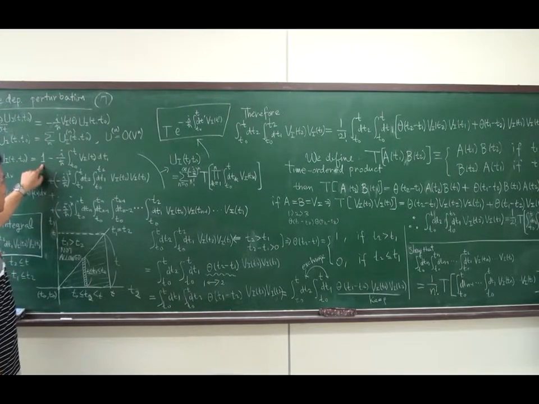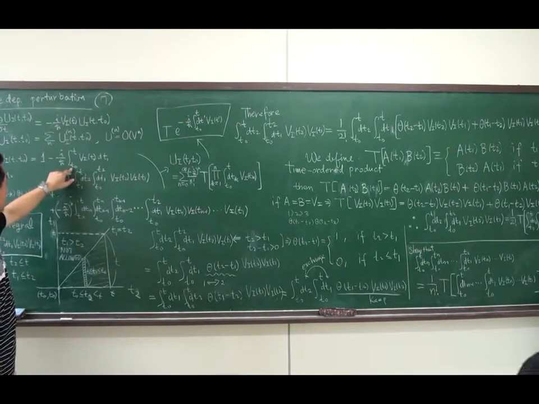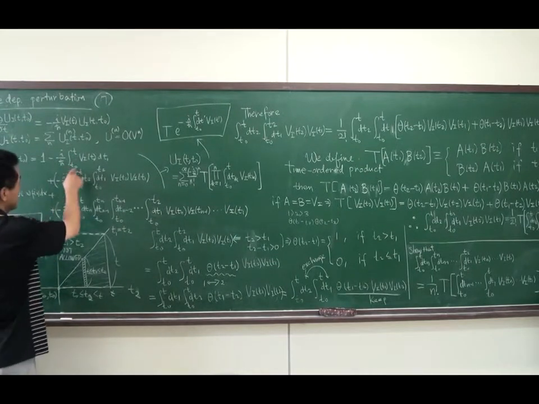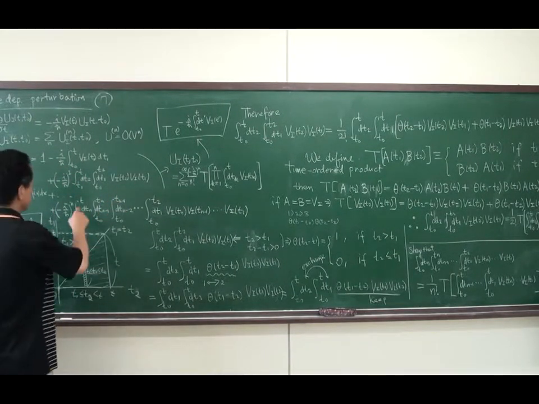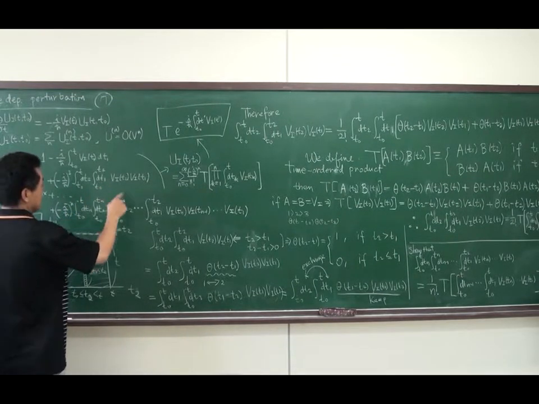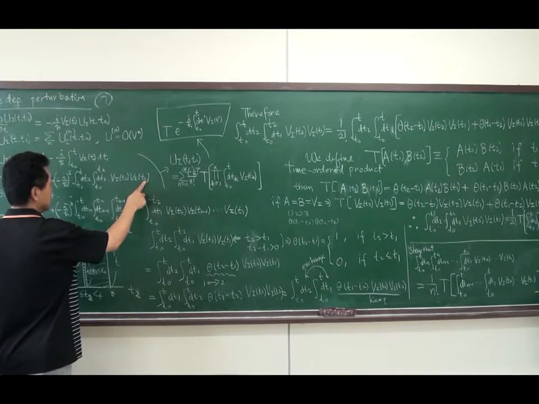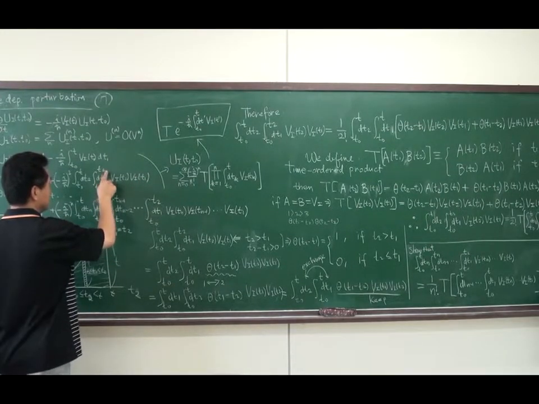The leading term is identity, and the next term is proportional to V_I, integrated from t0 to t. And the next term is V squared, order V squared. And the integral region is a little bit complicated. The first one, integral over t1, is from t0 to t2.